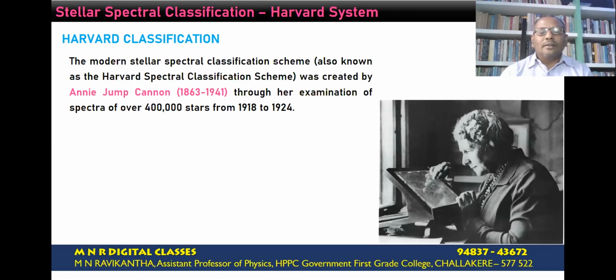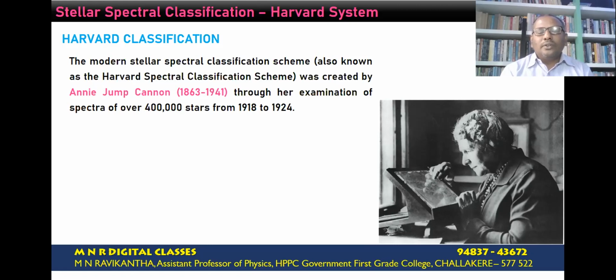In 1901, Annie Jump Cannon returned to the letter types, but the modification made by Antonia Maury was discarded. She dropped all the letters except O, B, A, F, G, K, and M, used in that order, as well as P for planetary nebulae and Q for some peculiar spectra.